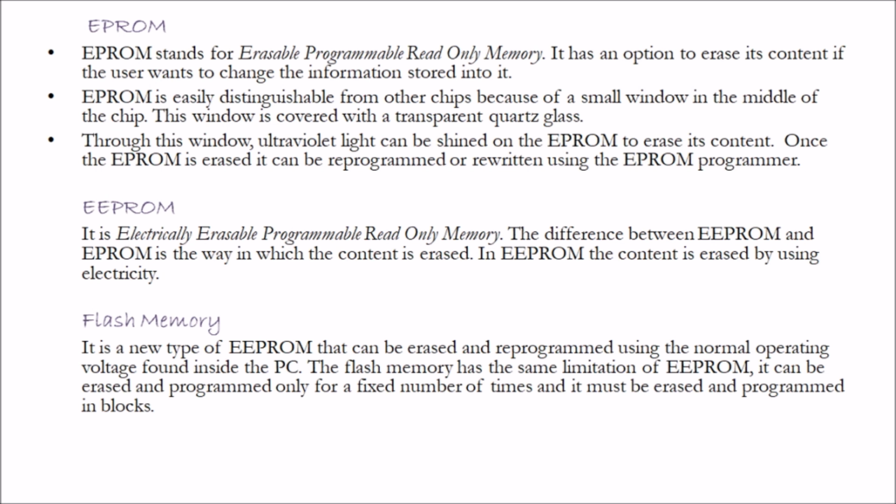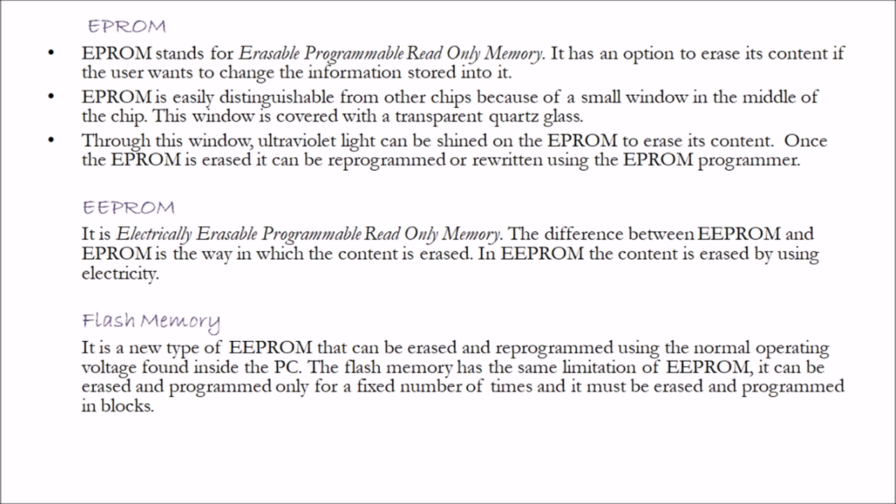EEPROM. It is electrically erasable programmable read-only memory. The difference between EEPROM and EPROM is the way in which the content is erased. In EEPROM, the content is erased by using electricity. Flash memory.